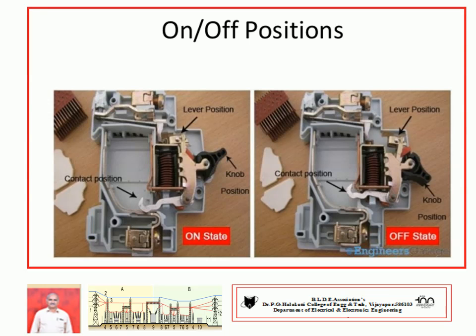Diagram number 2 is the off position. When the operating knob is in the below position, that is known as the off position. Here the lever position is disconnected from the solenoid point, and the movable contact is separated from the fixed contact. That is the off state.